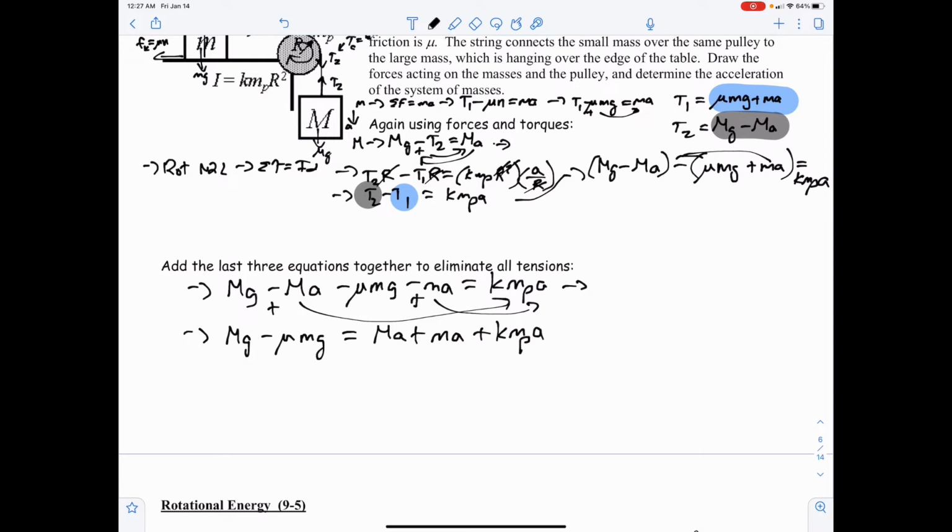Again, factor out the a's, divide away the rest of the masses. And we have a equals big Mg minus mu little mg, divided by the sum of the masses, big M plus little m plus K times m sub p. You could factor out a g if you want to, but I'm not going to.